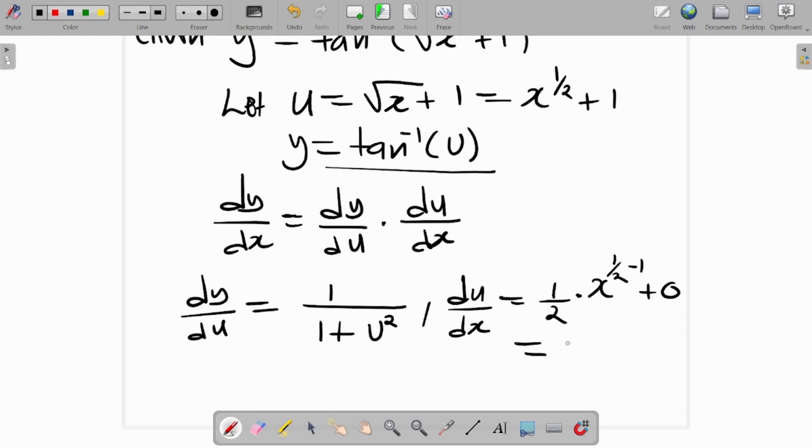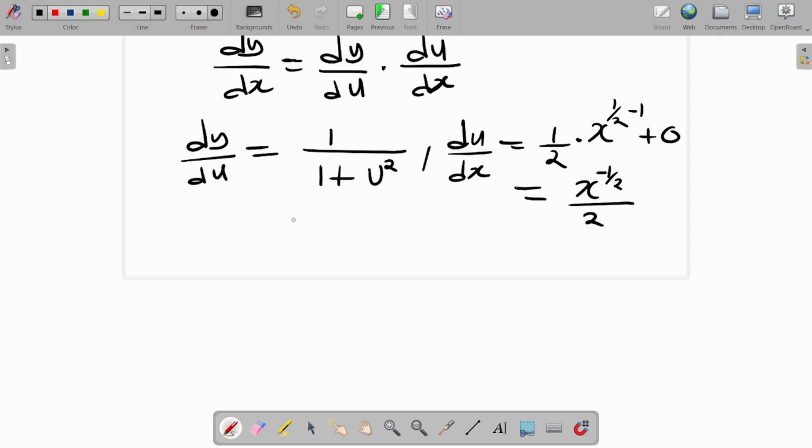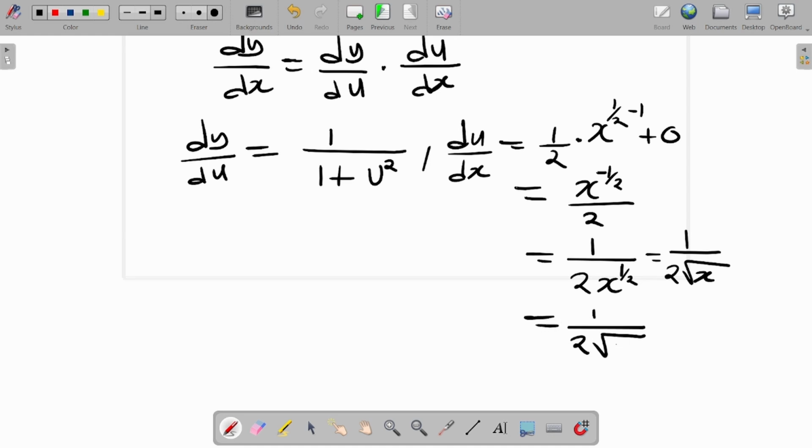Simplifying this, you get x to the power negative 1 over 2, over 2. Since the power is negative, you can write this as 1 over 2 times x to the power positive 1 over 2, which we know as 1 over 2 square root of x. So this is 1 over 2 root x, the derivative of u.